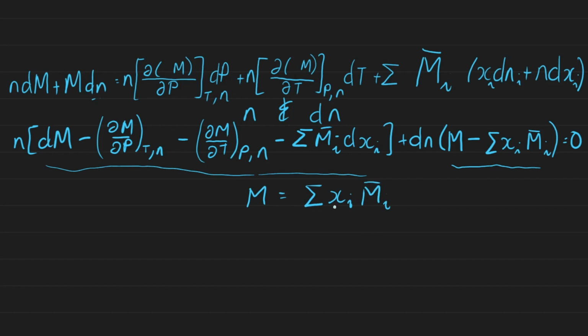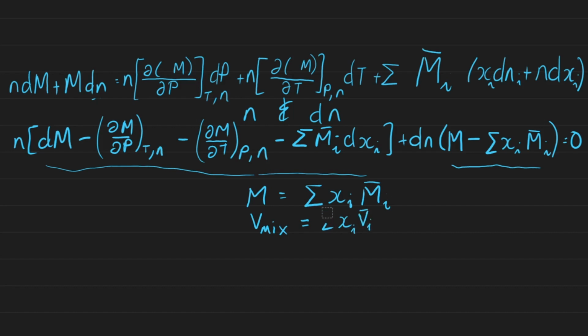It's telling us that this total mixture property is simply equal to the sum of the composition times the partial property. For example, here we said the volume of the mixture in this example with the water and ethanol. What this is equal to is the sum of xi, which is either the water or the ethanol, times the partial molar volume. So that's Vi with the bar on top, partial molar volume.